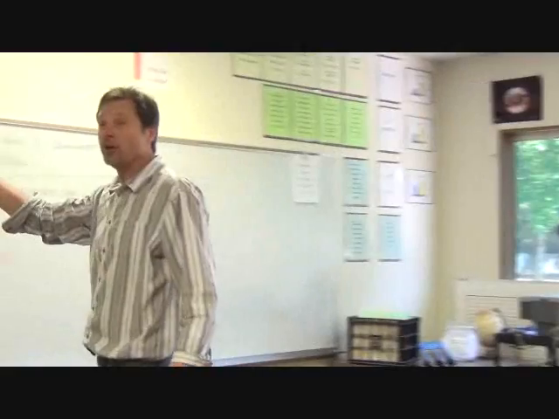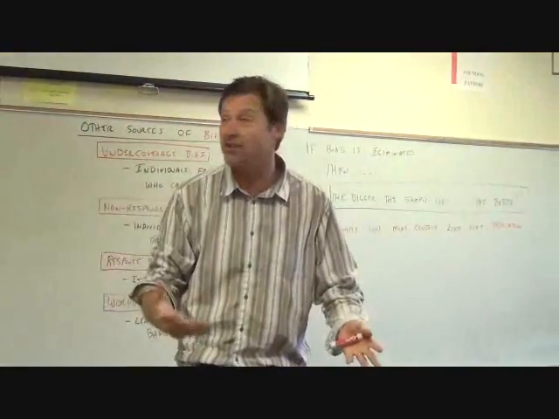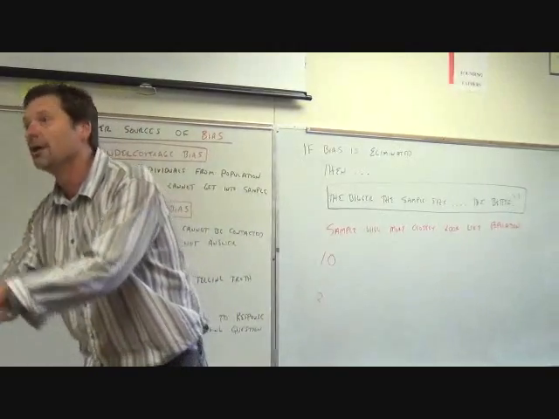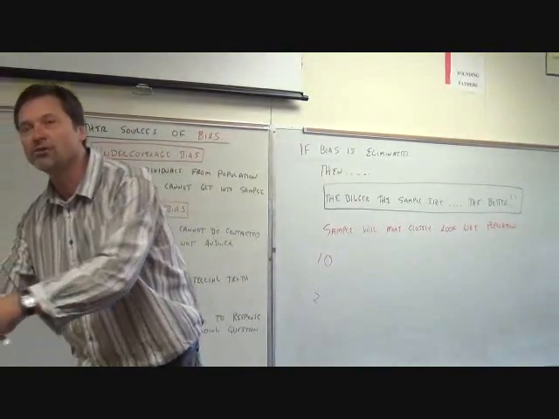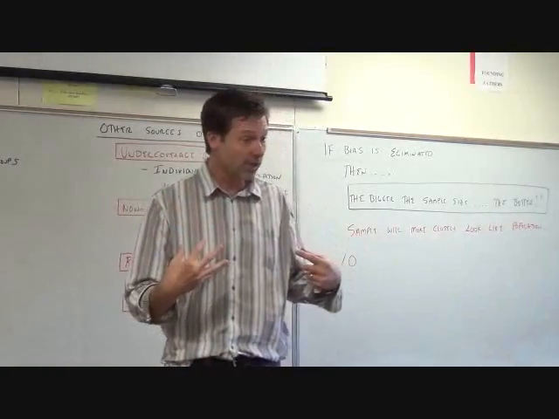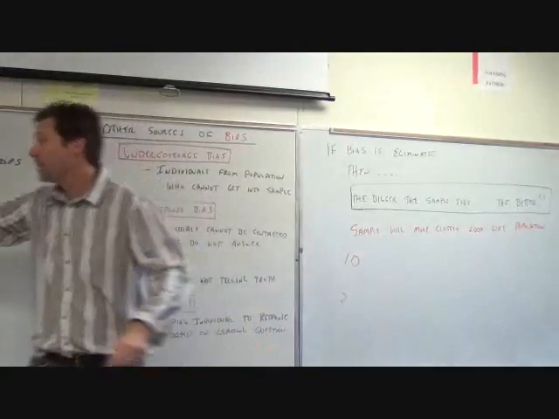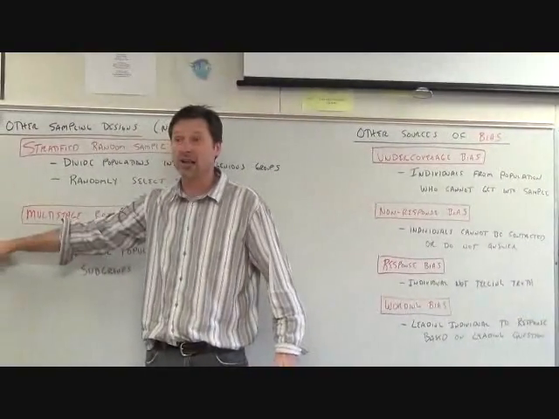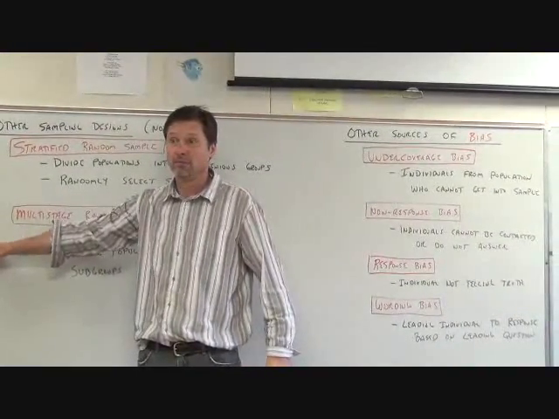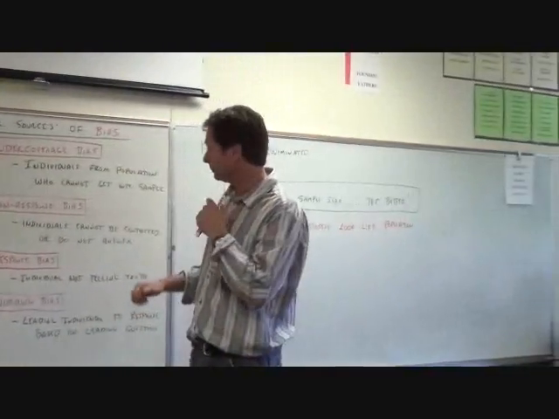This is an example of undercoverage bias. All the people without phones had no chance to even be asked. And in their situation, there were more Democrats without phones, so they weren't even a part of the poll. So whenever you draw a sample, you've got to make sure that everyone in the population has the same chance of getting selected. Or you might have some sort of an undercoverage bias.